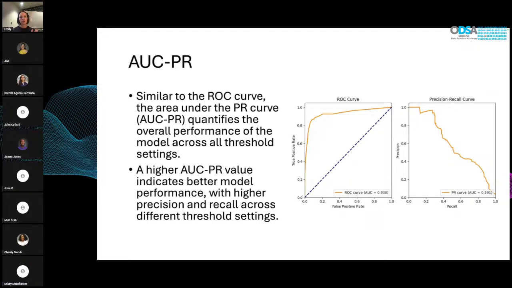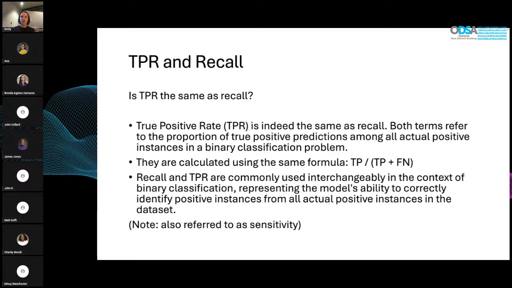And it's usually called the AUC-PR, so area under the curve for the precision recall curve. And just the same as the other AUC, a higher value indicates better model performance and indicates higher precision and recall across all the threshold settings. We are trying to maximize this metric. Again, I'm really sorry for the vacuum.